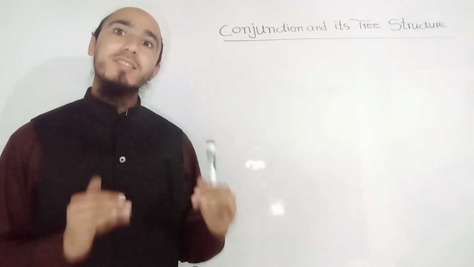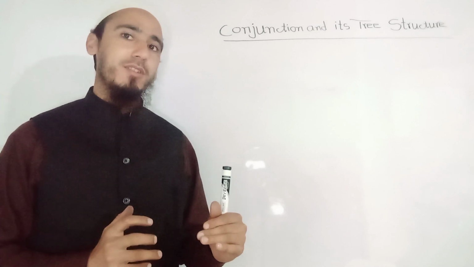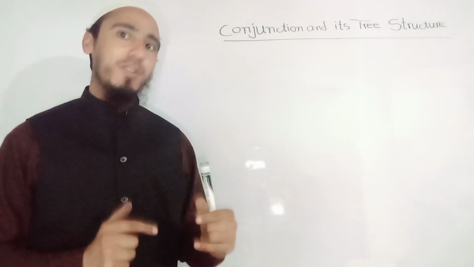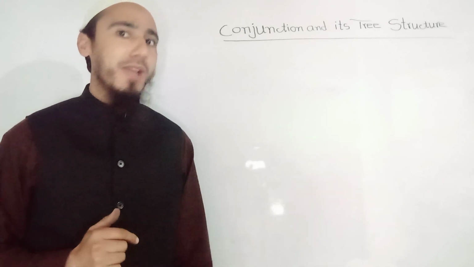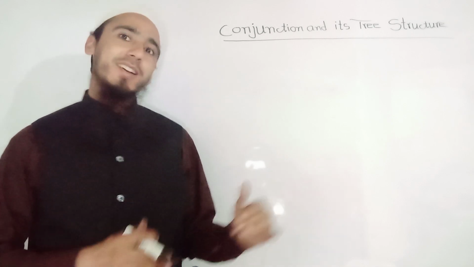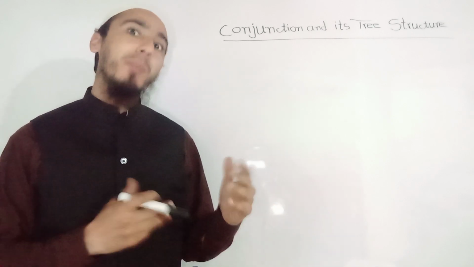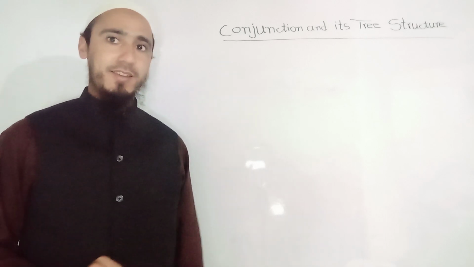When I say constituent, constituent is actually a chunk of words, a group of words which can move from one place into another in a sentence. In other words, constituent is actually a phrase which can move from one place into another in a sentence.